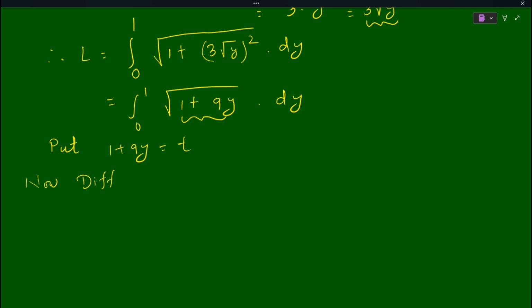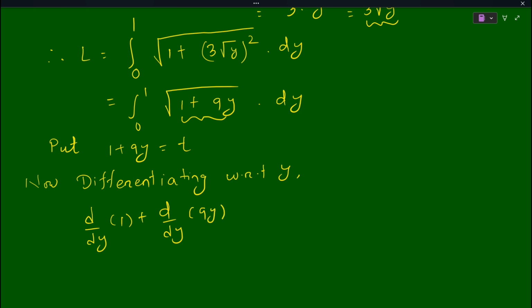So this value is d by dy of 1 plus d by dy of 9y. Right side is dt by dy. Here our objective is to find the value of dy.